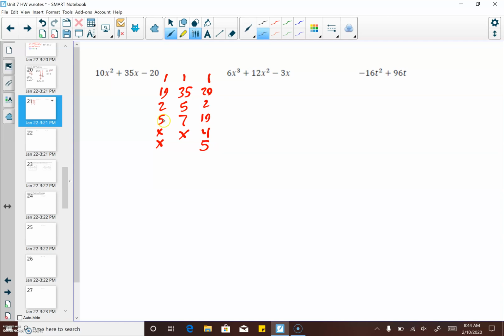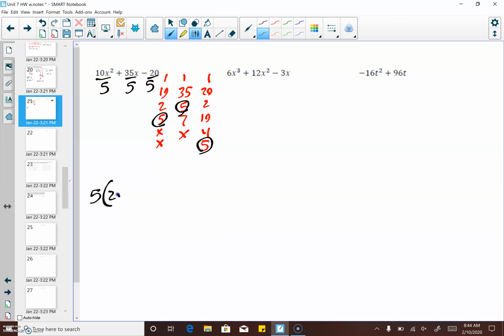So what's the biggest number that goes into all 3 of them? It would be the 5. Now notice, 2 of them have x's, but not all of them do. So when not all of our terms have an x, we are not allowed to take out an x as a GCF. So 5 goes on the outside.